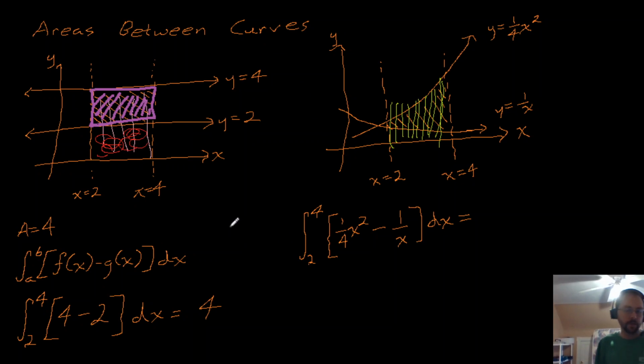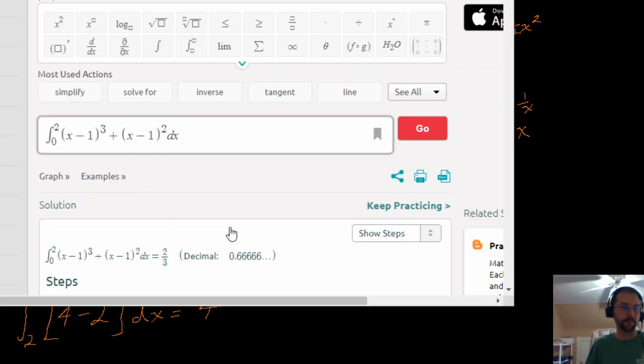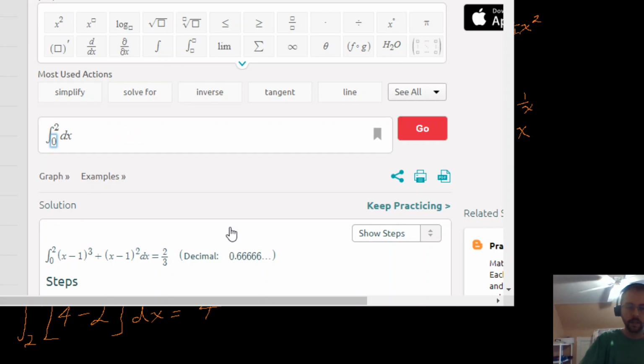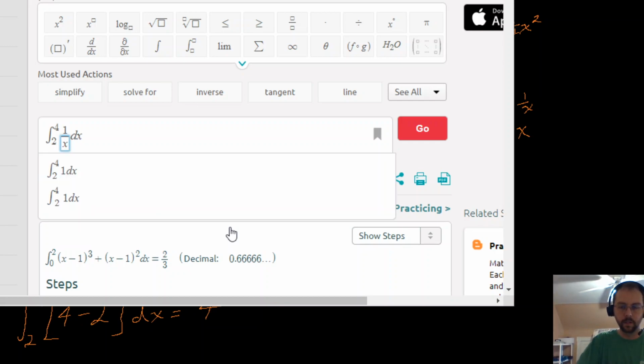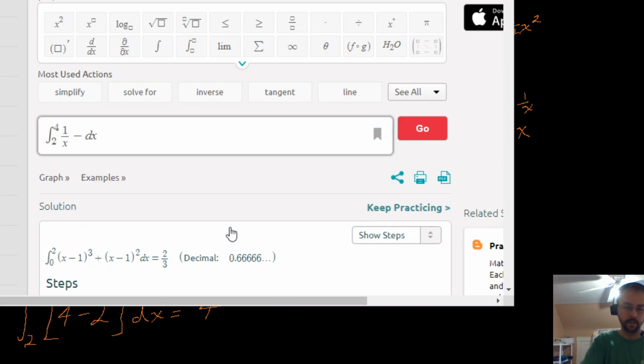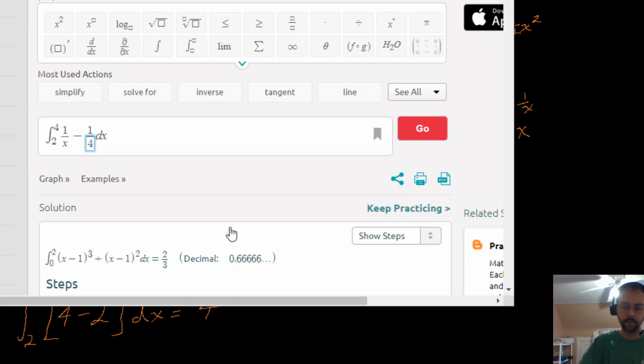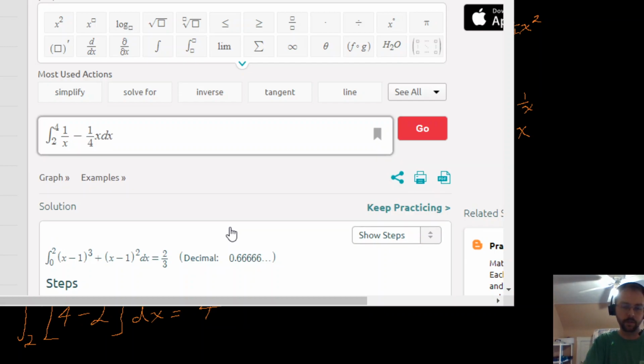And let's go back to the calculator. I tested these out ahead of time. I tried to get ones that the calculator could solve, but I don't remember exactly how I typed this one in. So let's see if it gets it first try. 2 to 4, 1 over x minus 1 over 4x squared.